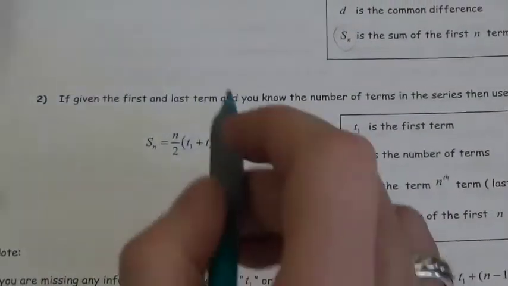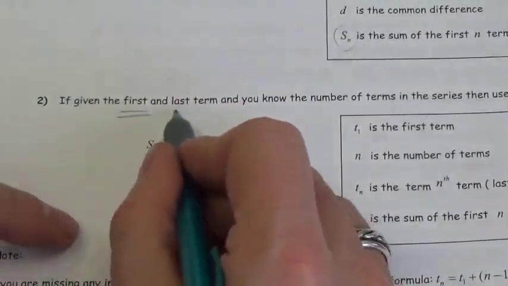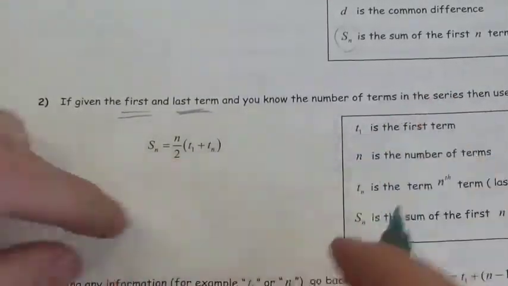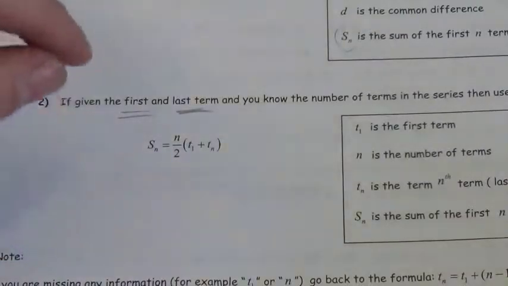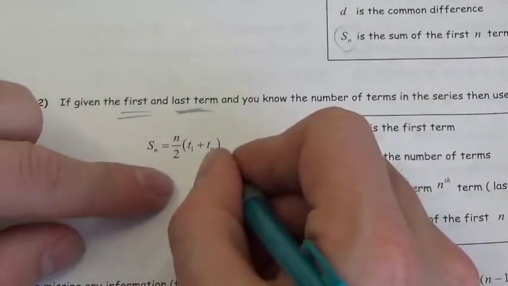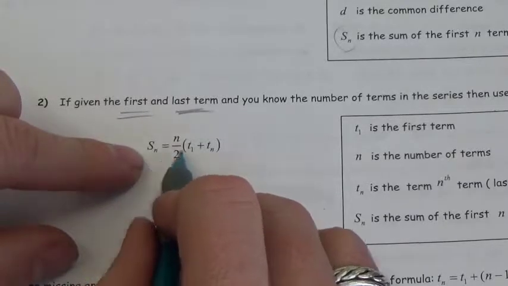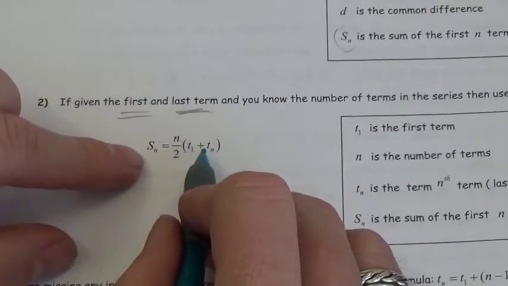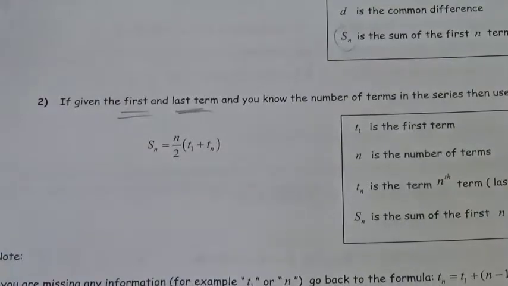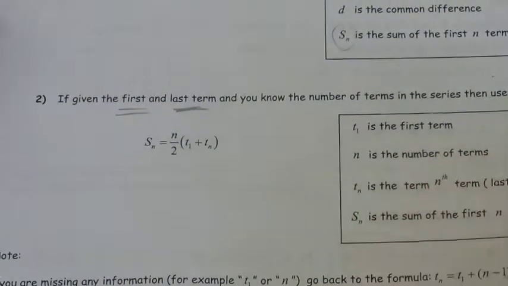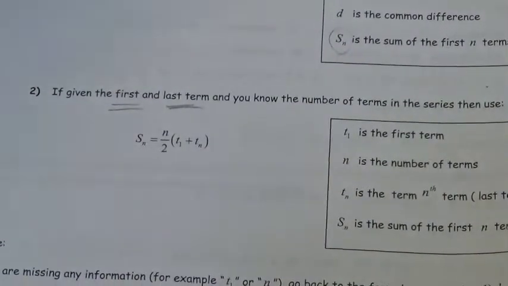Or if you know the first and the last term, okay, T1 is the first term, Tn is going to be the nth term. But if you're only adding n terms, then that Tn must be the last one. Okay, so there you go. I hope that makes sense. Now let's take a look at some examples.